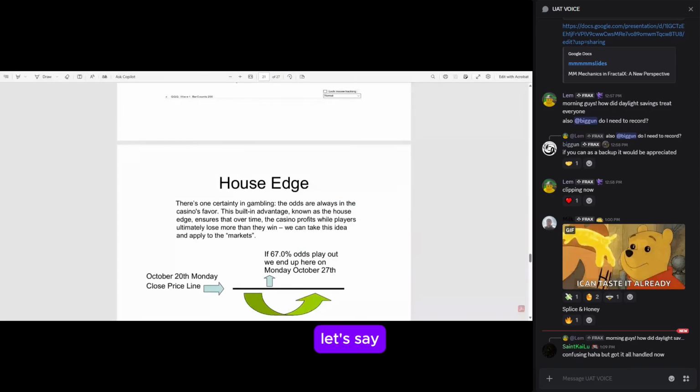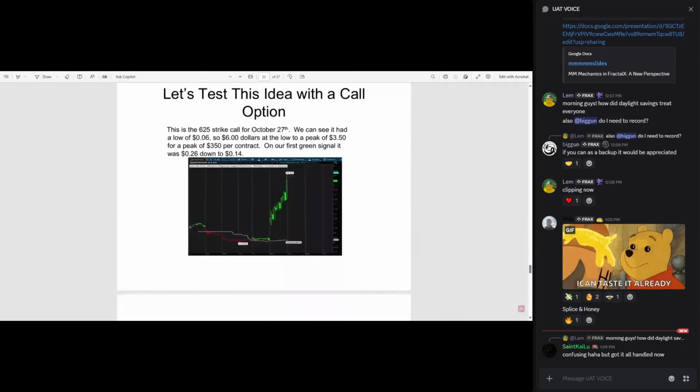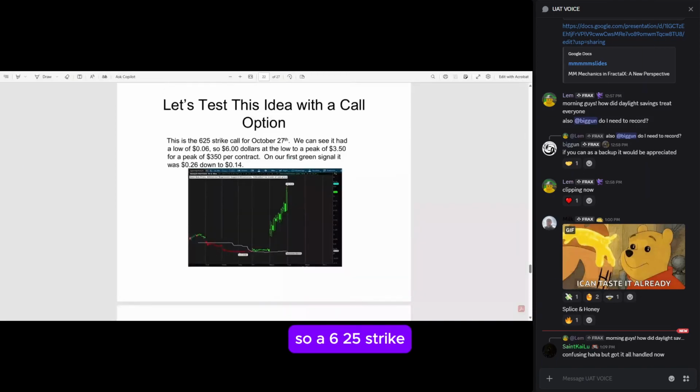A 625 strike for Monday the 27th had a low of 6 cents and a peak of 350. So the low at a $6 call running to $350 is pretty crazy, and the fact that we can predetermine that that's a possibility puts the house odds in our favor.